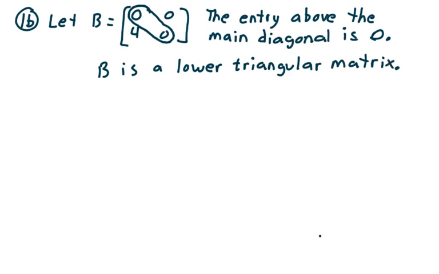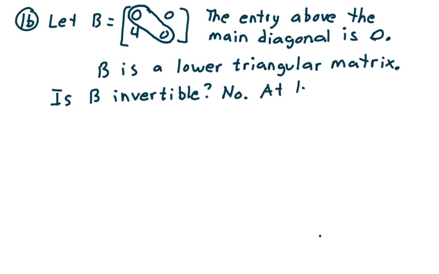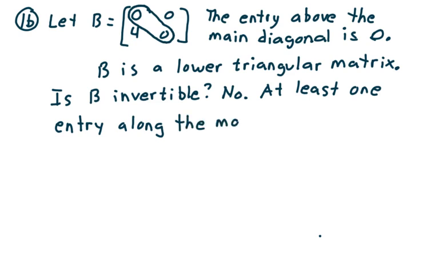And then, is B invertible? The answer is no. At least one entry along the main diagonal is 0.